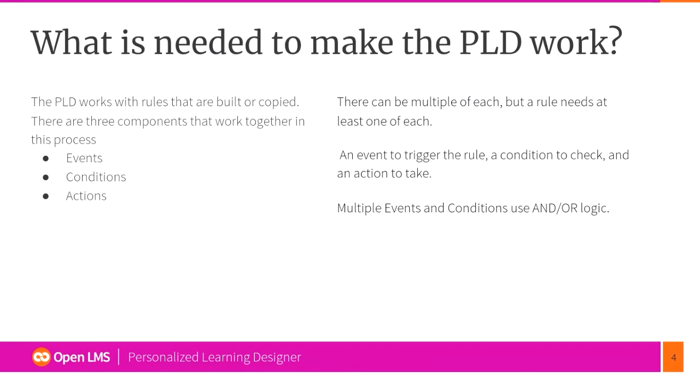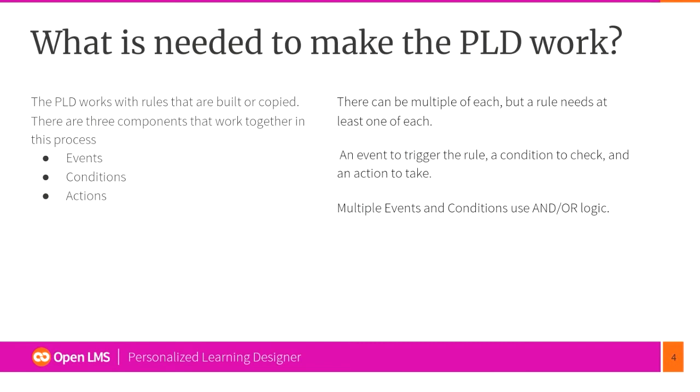In terms of conditions, you can use conditions to define when a rule is triggered. You set up the condition to be checked, and then the last part is an action takes place.